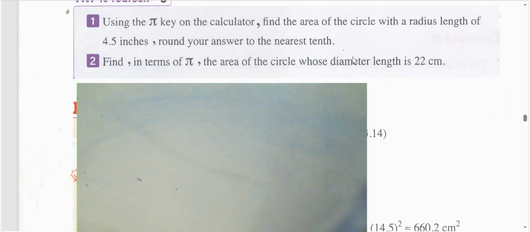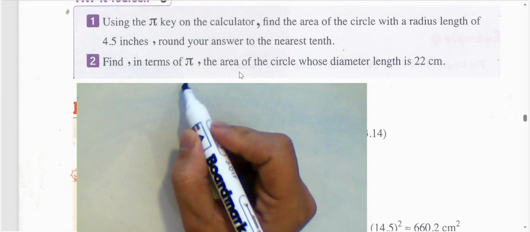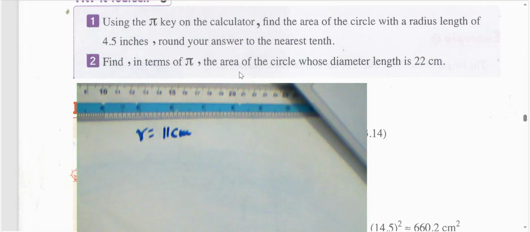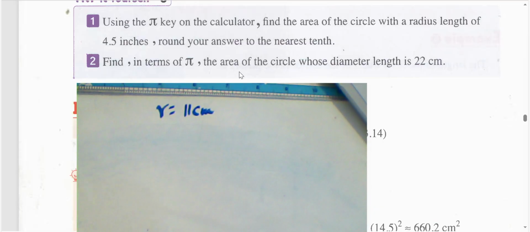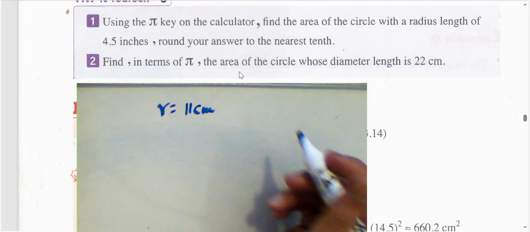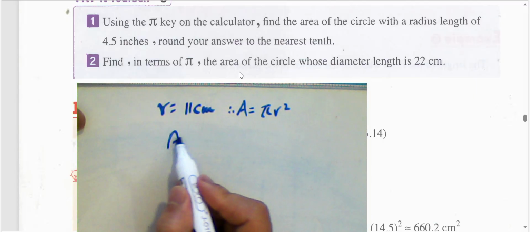Number 2: he gave me the diameter now. It's 22 centimeters, and we find the area. First, we can find the radius. Half of 22 equals 11 centimeters, which is the radius. Then the area will be pi r power 2.